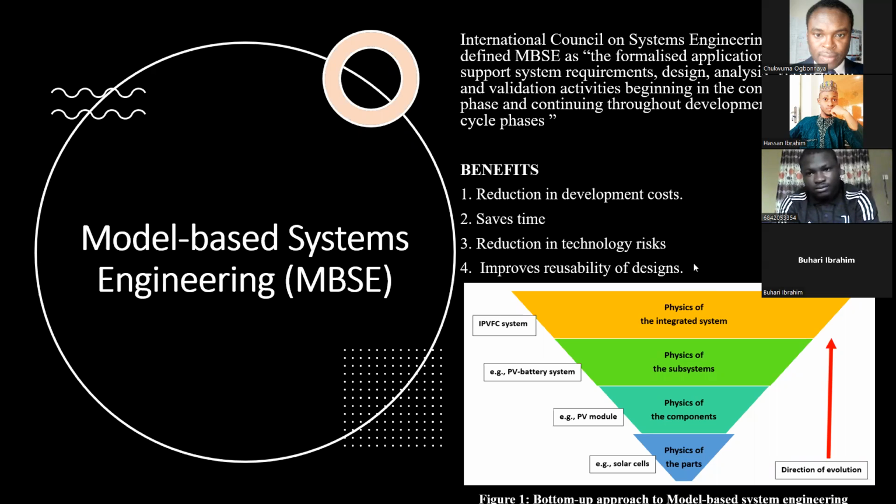At times you want to create a system and you end up finding that the system is not sustainable. You can abandon it at that level instead of investing in the real components of the system, only to discover that the system will not be sustainable. So the risk of committing resources without being sure can be eliminated using model-based systems engineering.